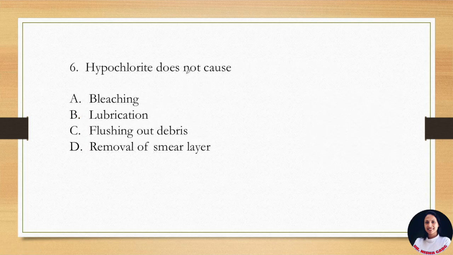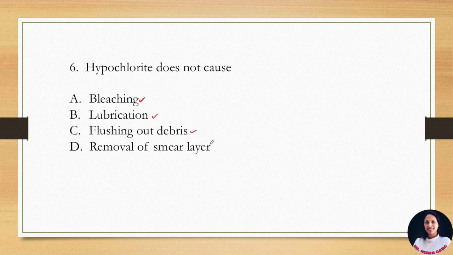Hypochlorite does not cause: bleaching, lubrication, flushing out debris, removal of smear layer. See, hypochlorite is commonly used as a household bleaching agent, so bleaching is one of the actions it performs, and like any other irrigating solution, hypochlorite performs the function of lubrication and flushing out debris.